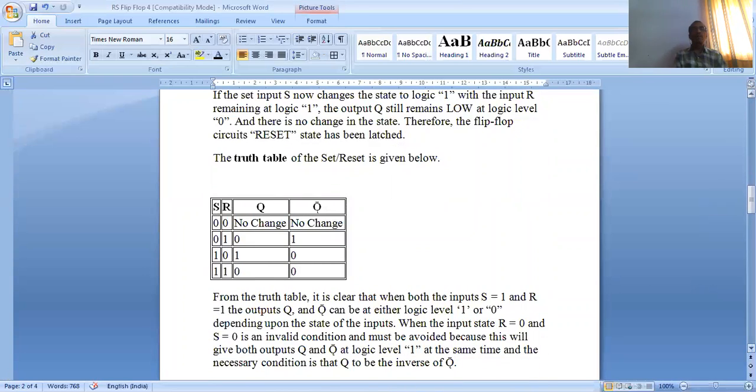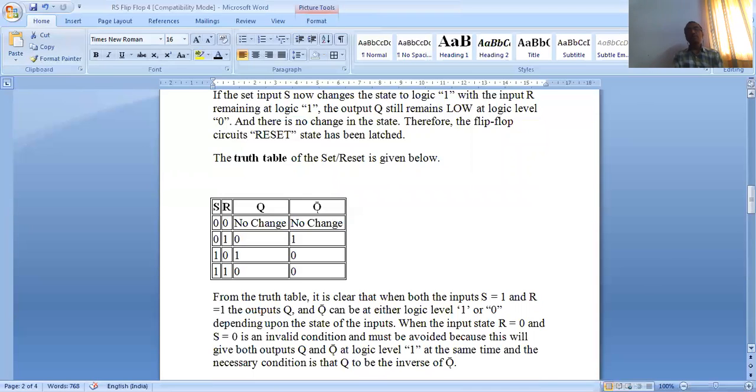From the truth table, it is clear that when both the inputs S and R equal to 1, the output Q and Q bar can be either logic level 1 or 0, depending upon the state of input.